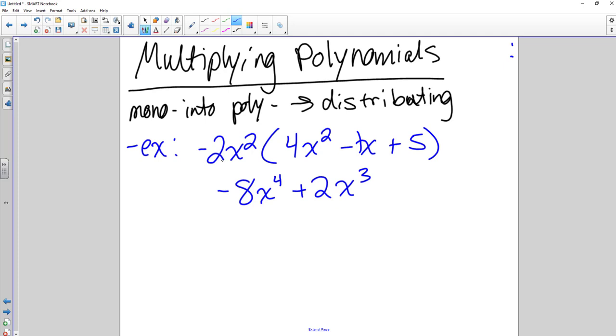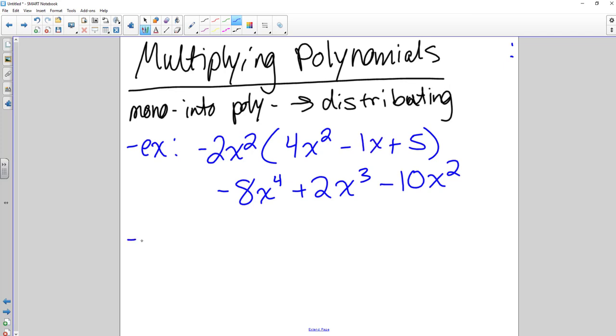And then negative 2x squared times 5, negative 2 times 5 is negative 10x squared. So distributing that negative 2x squared into everything. I'm going to make that look a little nicer.